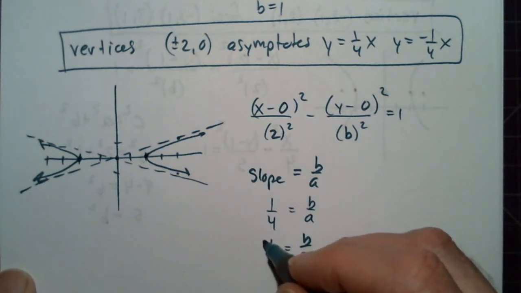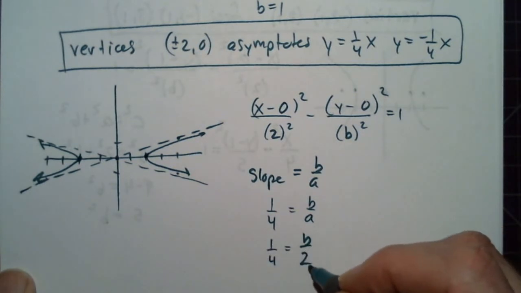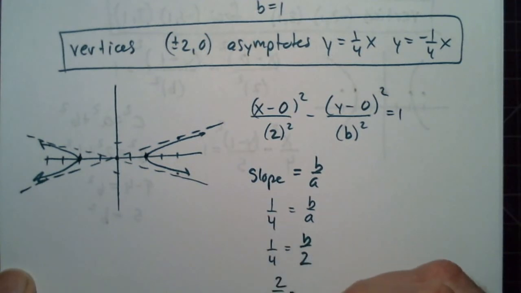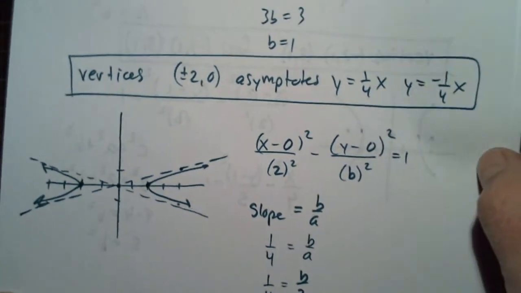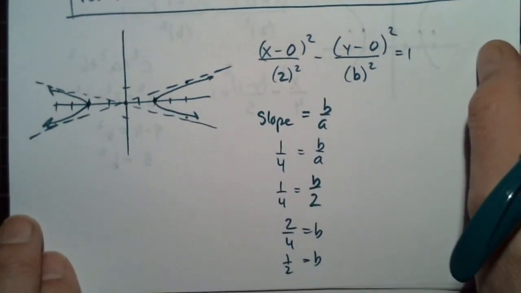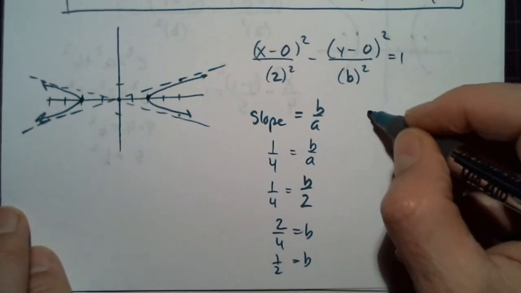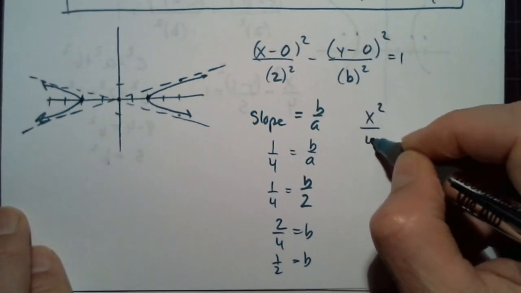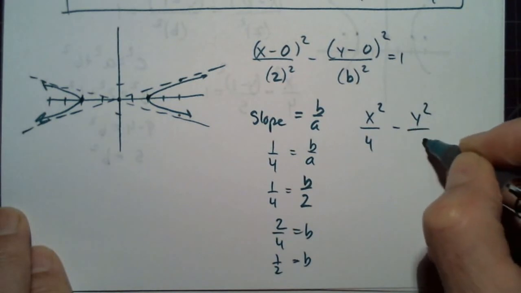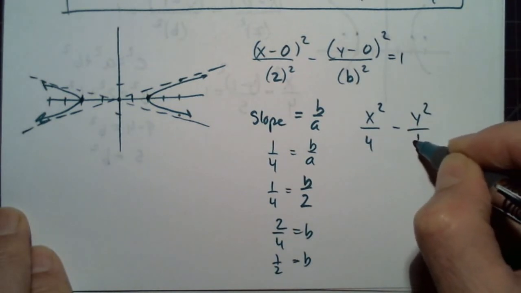And that means we'll just multiply by 2. 2 over 4 is b, and b is 1/2. So in the equation, it's x squared over 4 minus y squared over 1/2 squared.